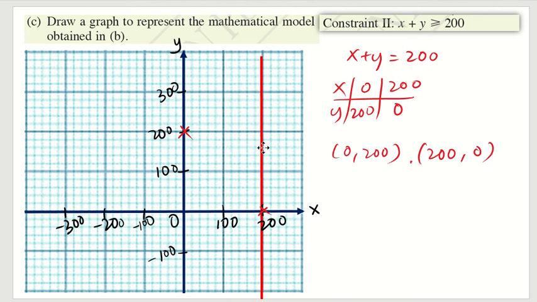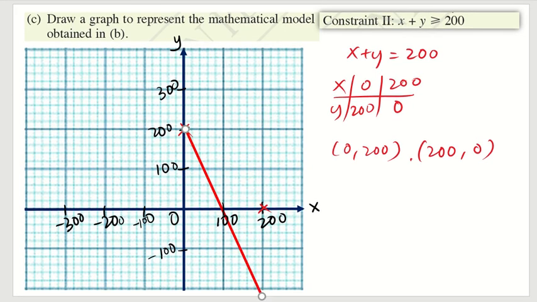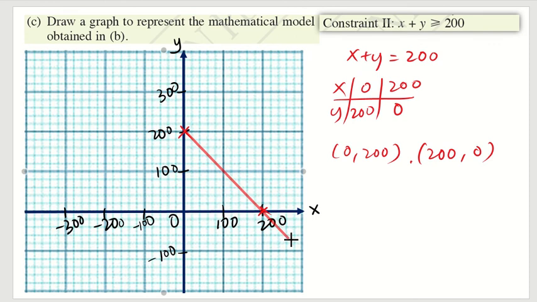Straight line. Extend. Draw as far as you can in your graph. Then don't forget, students always forget to label. Must label x plus y equal to 200.